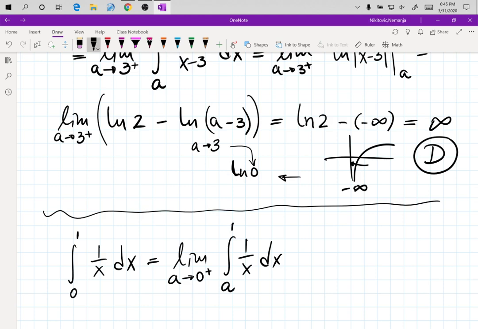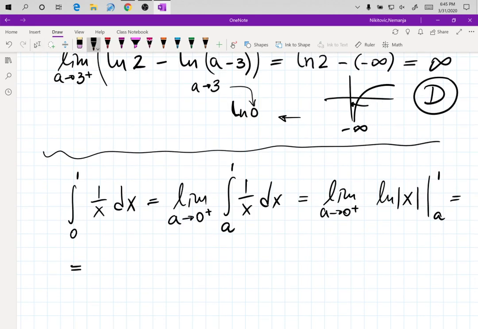So whatever is problematic, you replace that with the limit. Now we integrate, we get ln absolute x from a to 1.